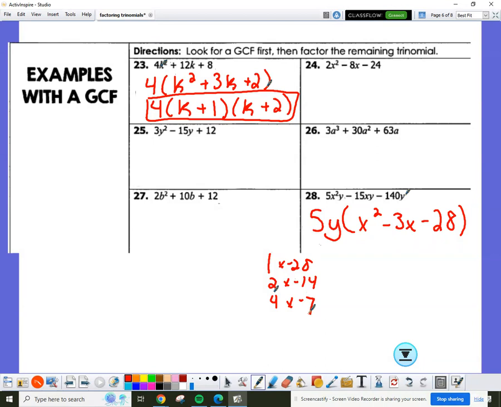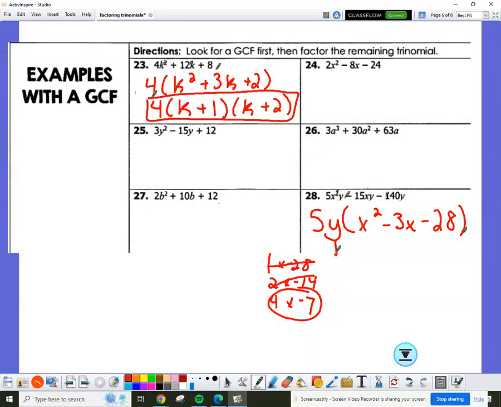We have 4, 5, no, 6, no. And that's all we have right here. We have to see which ones would add up to negative 3. This one will not work. That one will not work, but 4 plus negative 7 does give us negative 3.